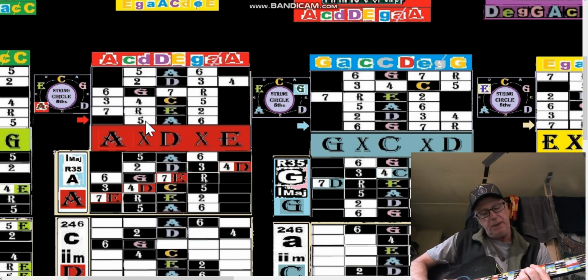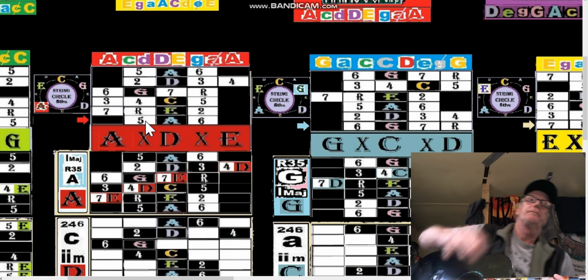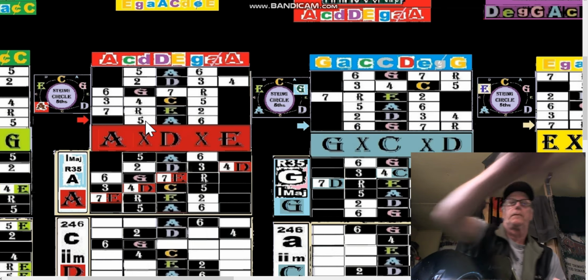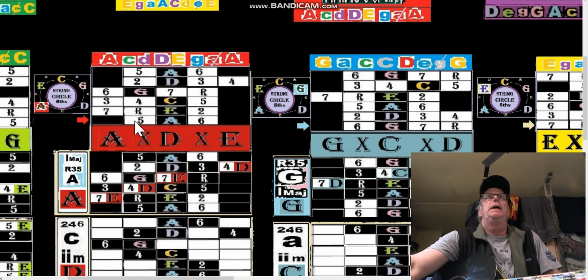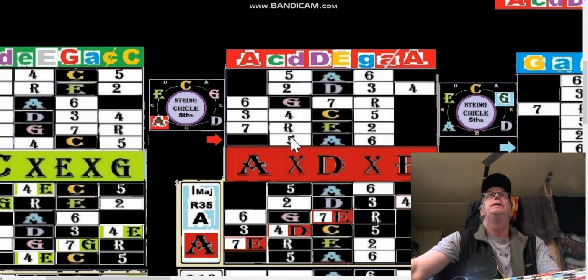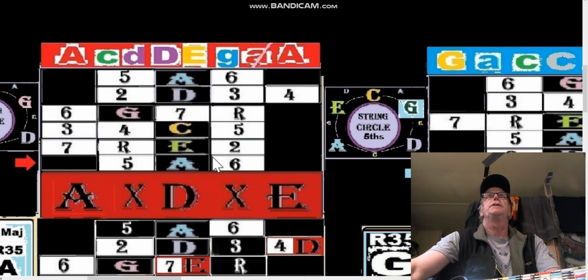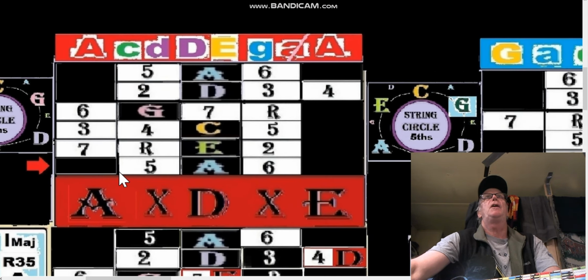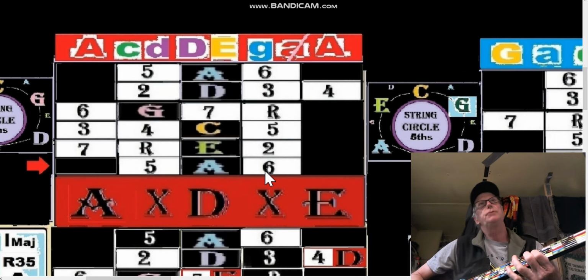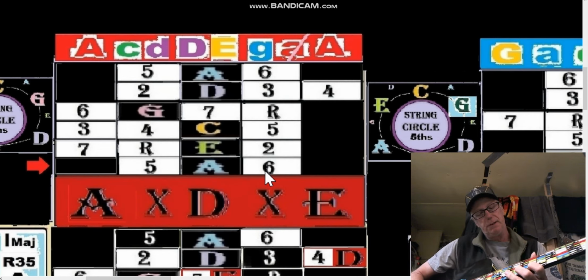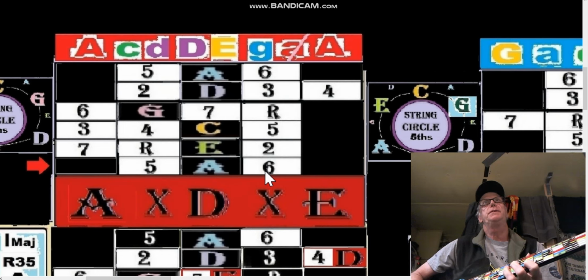Let's say we're going to do an A-shaped C. This is the A cage right here, and we're going to have the A string shape on the bottom, which defines that string shape. So it's 5, 6, and then 7 root 2 is the E string shape, 3, 4, 5 is the C string shape, 6, 7 root is the G string shape, 2, 3, 4 is the D string shape.